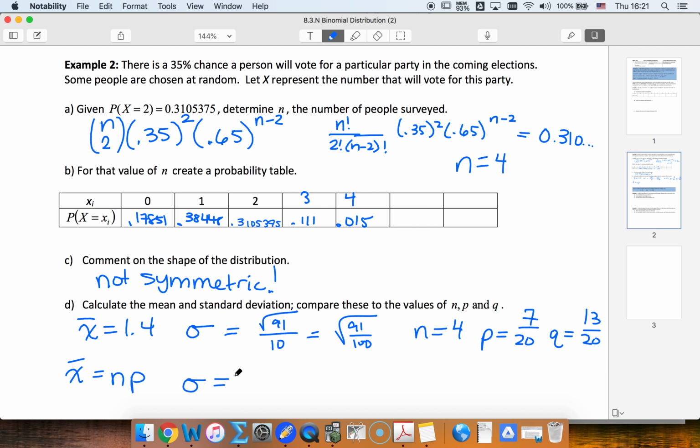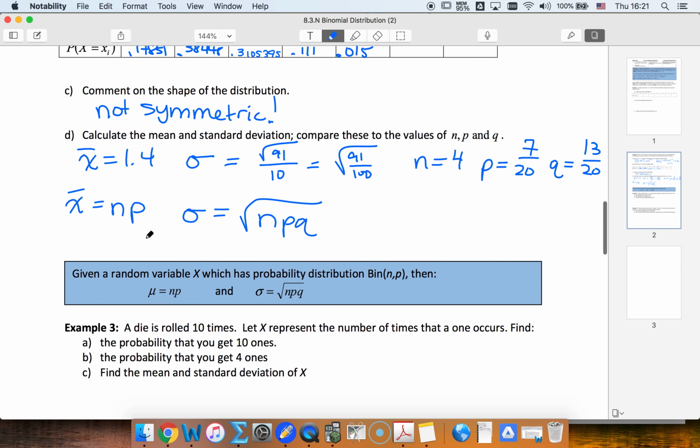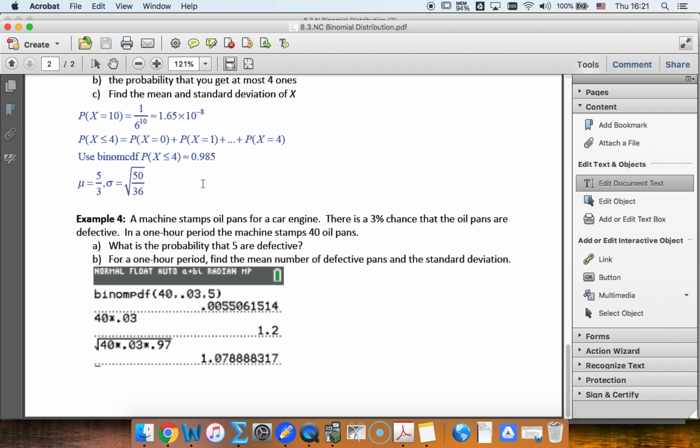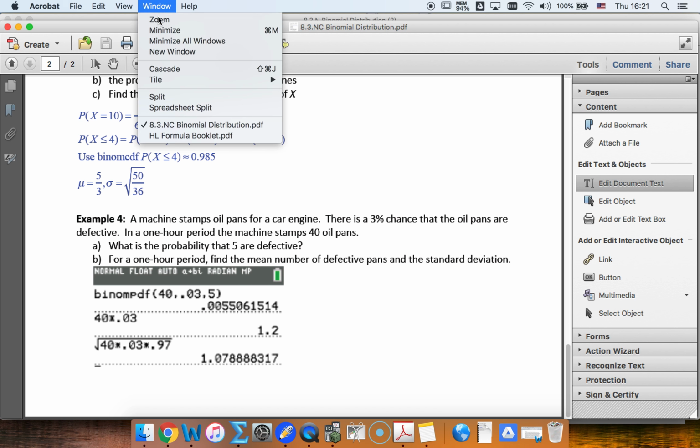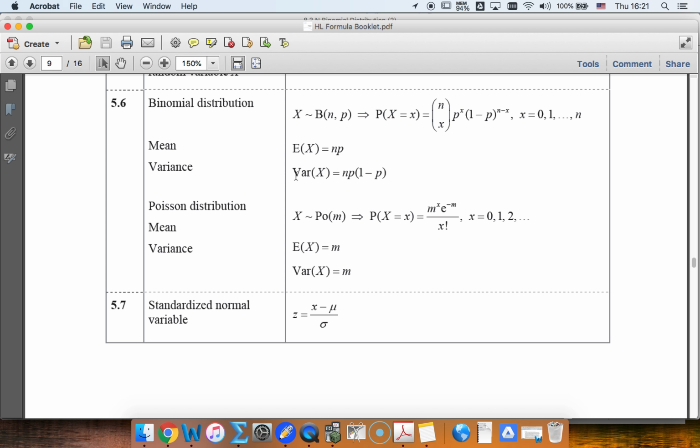So my standard deviation, square root of NPQ. So there we go. These are in our formula booklet. So we don't have to memorize these. We don't need to be able to prove them. Your formula booklet, though, says variance is NP(1 minus P) rather than saying NPQ. But same thing.